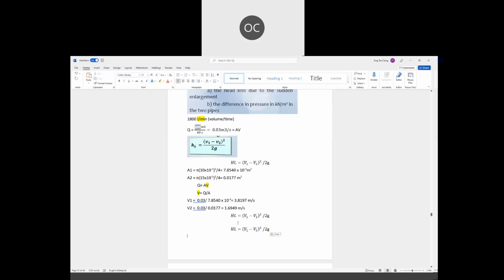Therefore, for the losses due to enlargement, you need to write down the main equation. Before we insert the V1 value, it should be 3.8197, and we have the V2 value 1.6949 here. So (V1 minus V2) squared over 2 times gravity, 9.81.